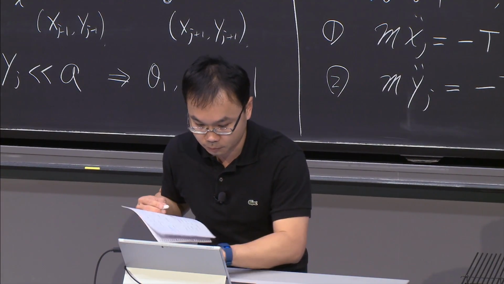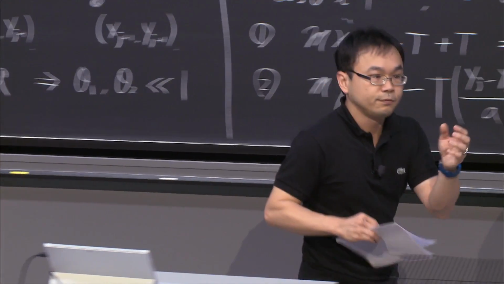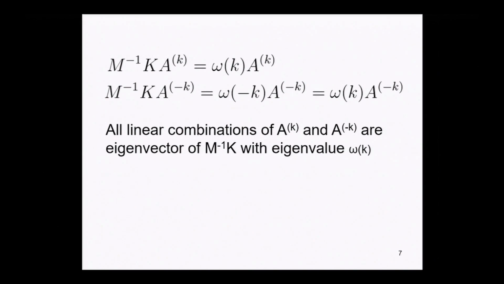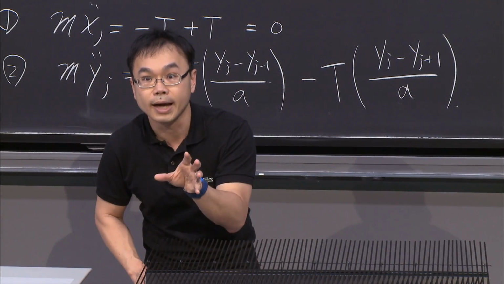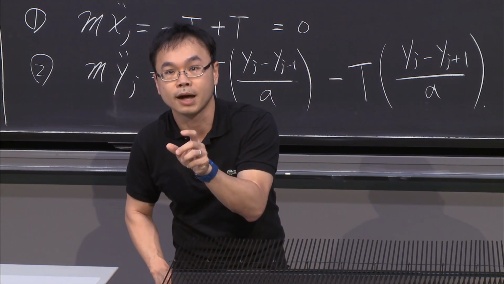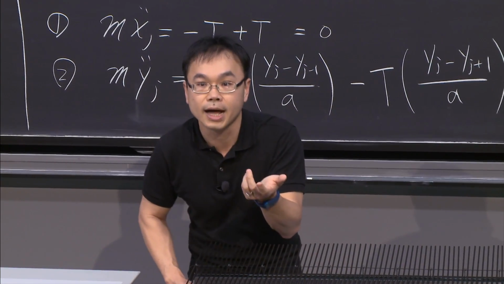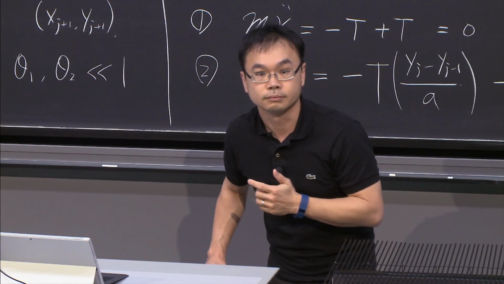That means if we fix the wavelength, or the wave number k, then there will be a corresponding omega. If you fix the wavelength you're talking about, then the omega is also fixed by this omega of k function.